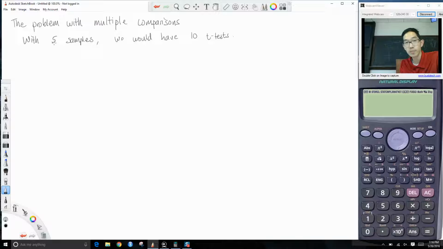What's going to happen is, with each t-test, what is the probability of a type 1 error? It would be equal to alpha. So let's say we just used the default level of alpha equal to 5%. That means the probability that we don't commit a type 1 error would be 95%.